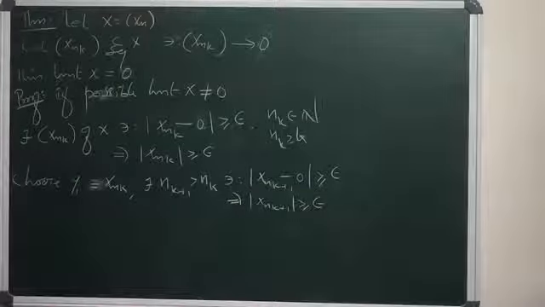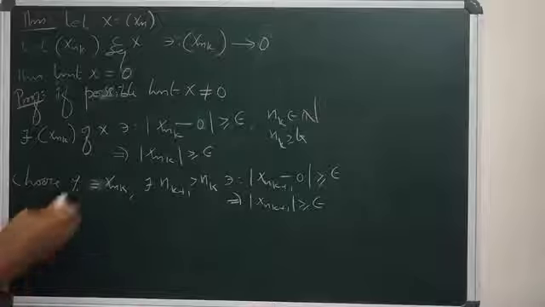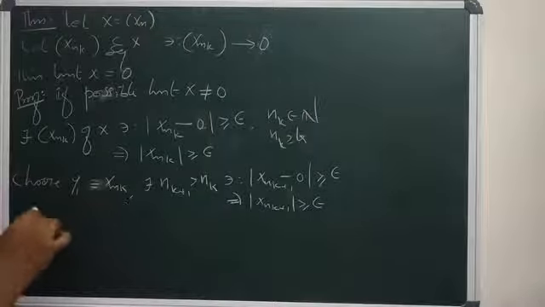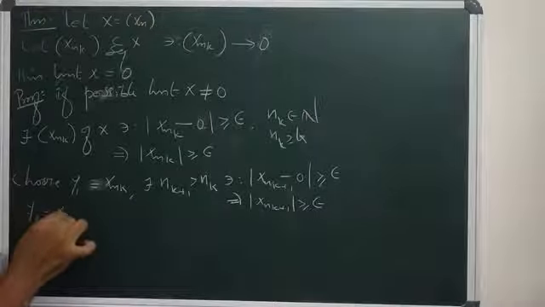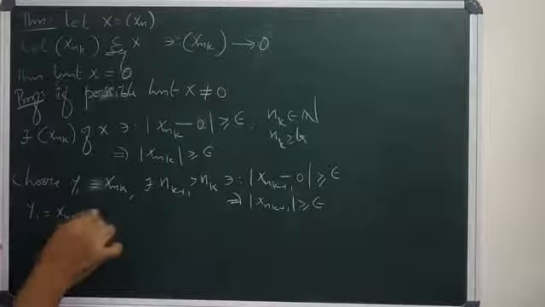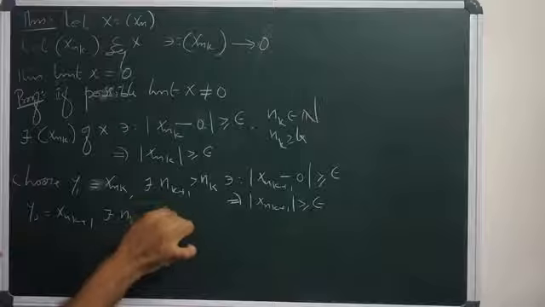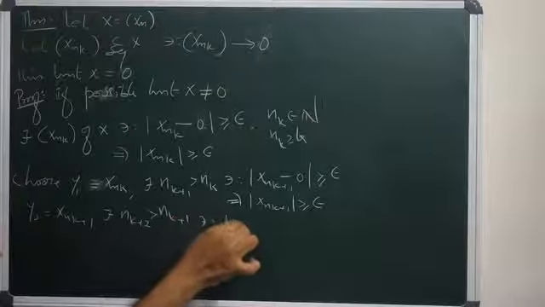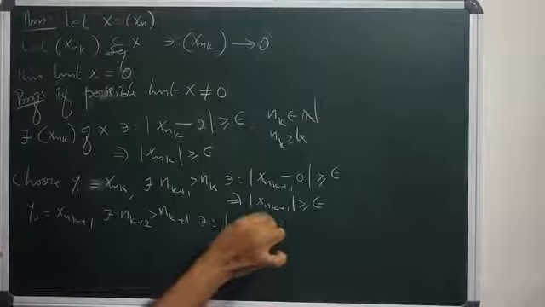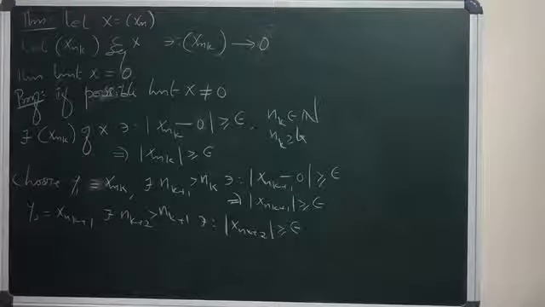Again you can choose another y2 such that y2 equals xnk plus 1. There exists some nk plus 2 greater than nk plus 1 such that modulus of x nk plus 2 minus 0 is greater than or equals epsilon, that is modulus of xnk plus 2 is greater than or equals epsilon.